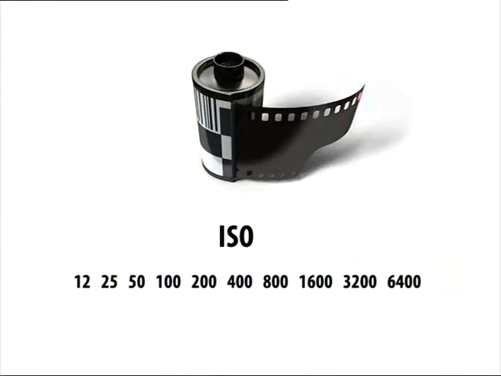Actually, it begins from 12, 25, 50, 100, 200, 400, 800, 1600, 3200 and even 6400. So, I believe, in between, they also had 64 and also 125 ASA. The fact, however, remains that what the Germans did, the Americans did in their own way.